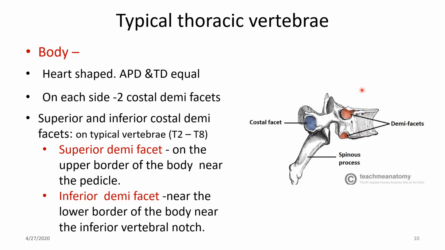So the superior demi-facet will be at the upper border of the body near the pedicle. The inferior facet is near the lower border of the body near the inferior vertebral notch. So this is the inferior vertebral notch.